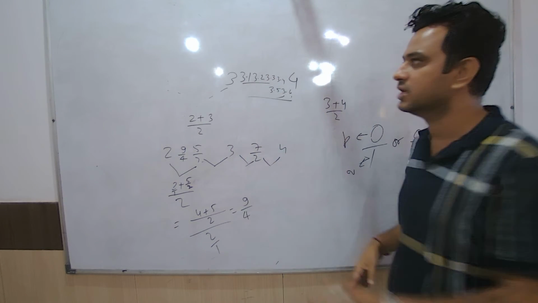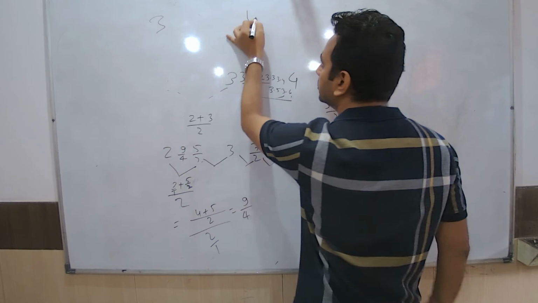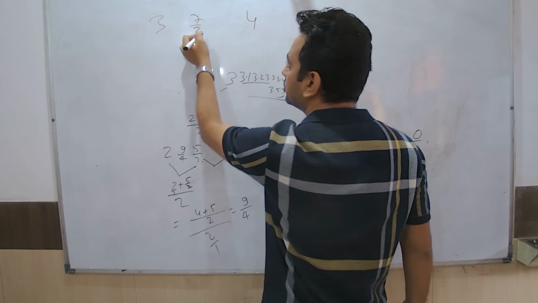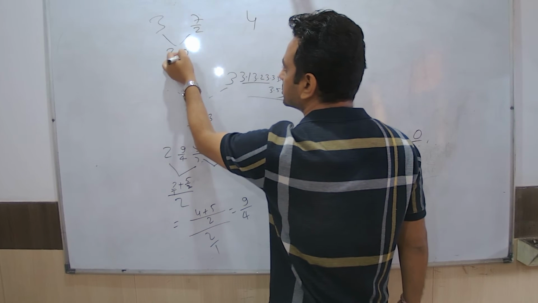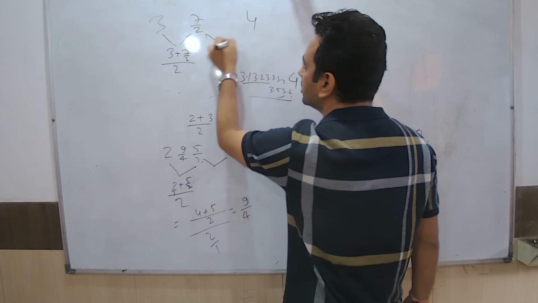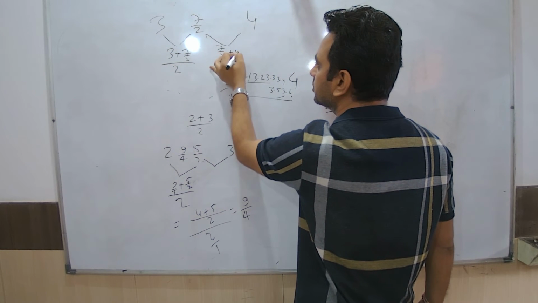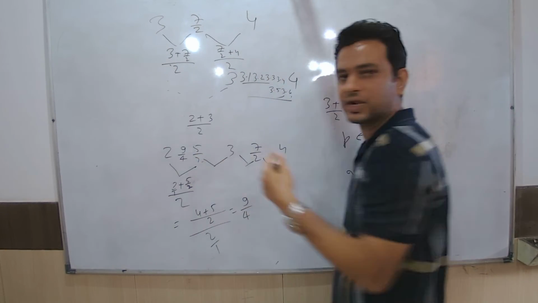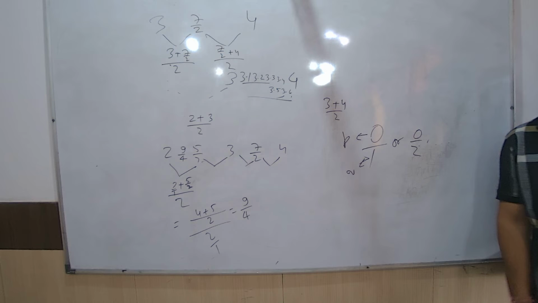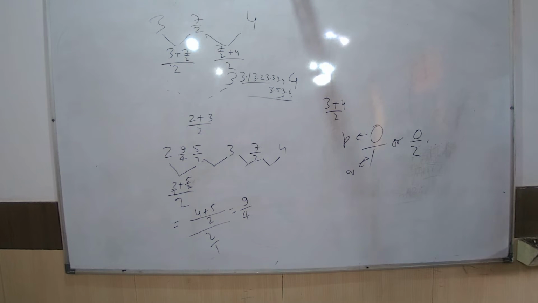Again do the same thing, 3 and 4 you will get 7 by 2. Okay, again इन दोनों के बीच में 3 plus 7 by 2 by 2, यहाँ पे क्या हो जाएगा 7 by 2 plus 4 upon 2. ठीक है, अगेन इन दोनों के बीच में इंसर्ट करो, फिर ऐसे करके you will get the 6 numbers. Got it? Clear? So this was your second question from the exercise.